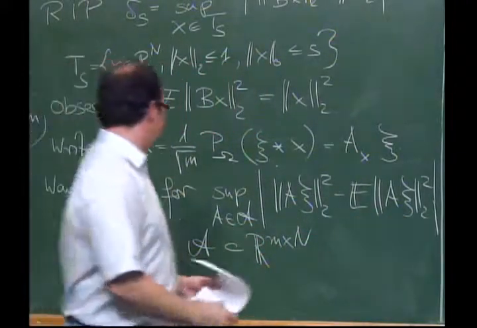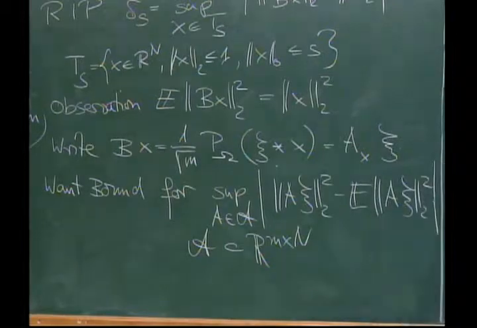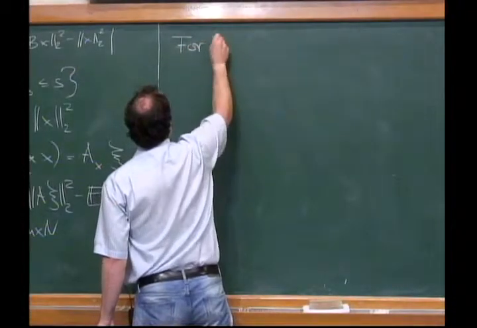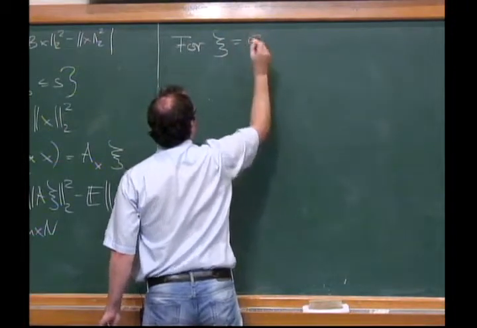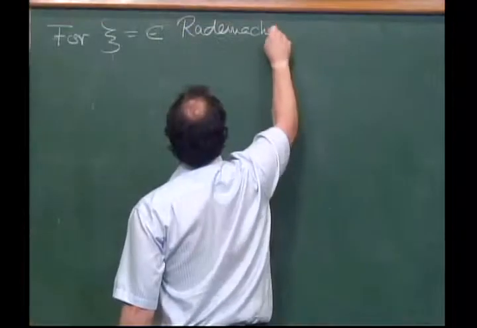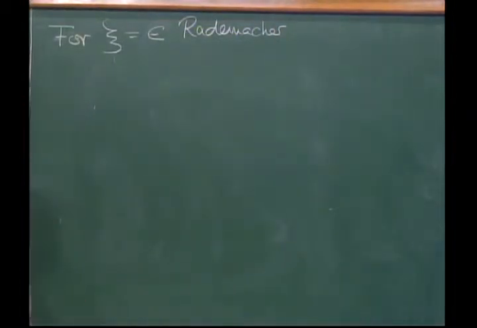So maybe let's specify this for xi being a Rademacher, so +1 or -1 with equal probability.